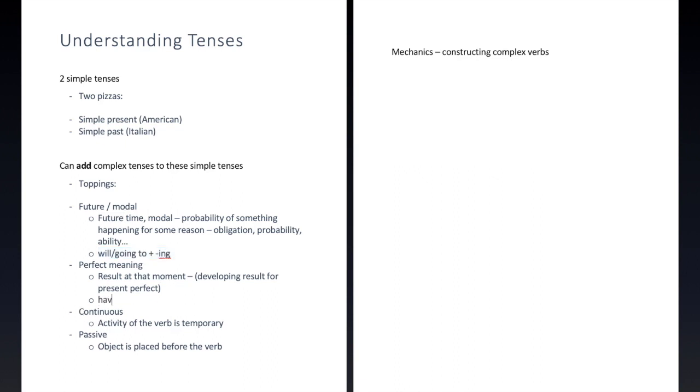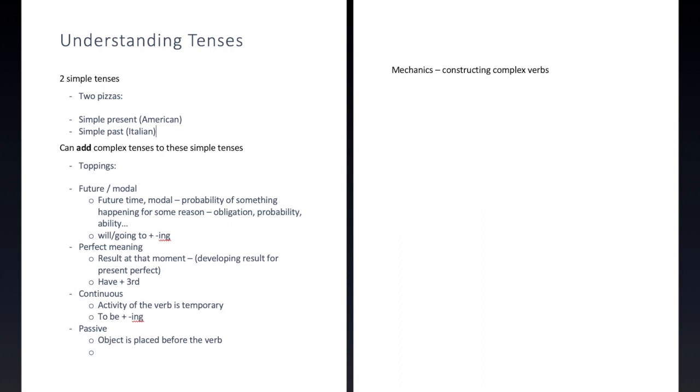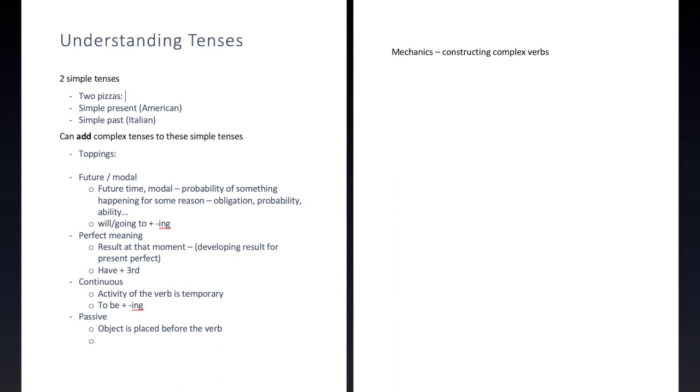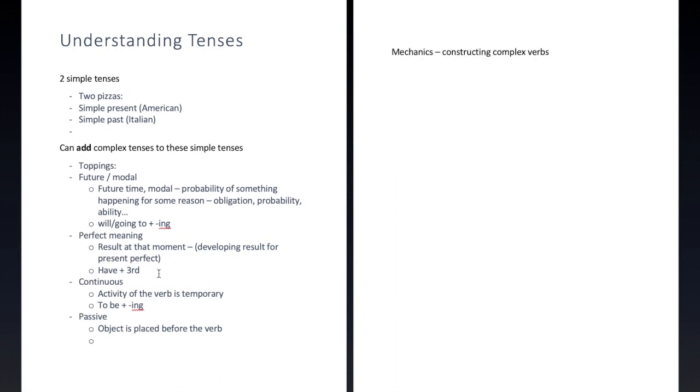Perfect, of course, is have plus third form of the verb. Continuous is to be plus ing form of the verb. And passive is to be plus third form of the verb.